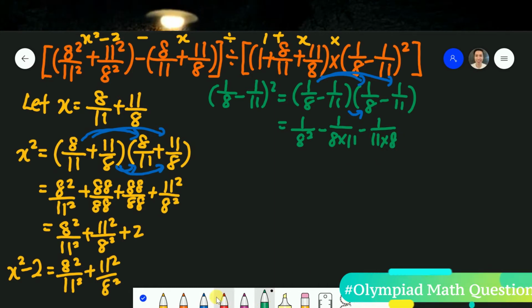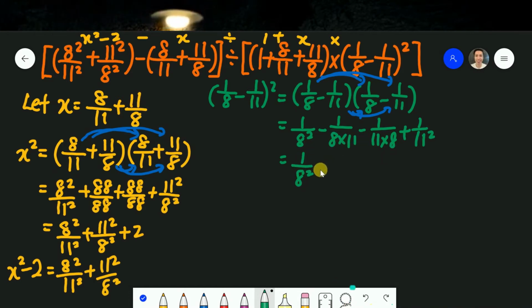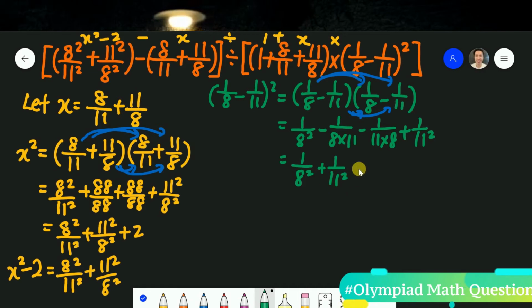The last part gives plus 1 over 11 squared. Then we simplify: 1 over 8 squared plus 1 over 11 squared, and negative 1 minus 1 gives negative 2 over 11 times 8.